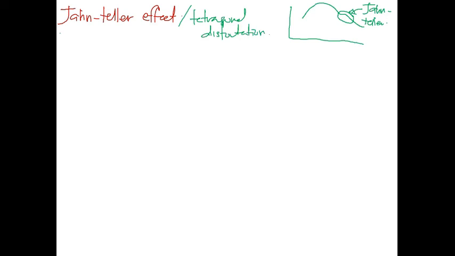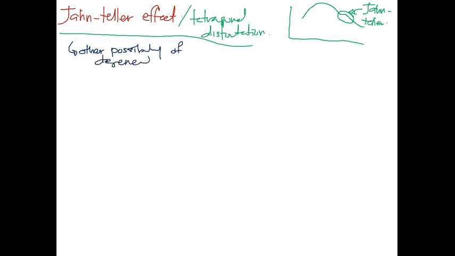So what happens is, the Jahn-Teller effect is where you have other possibilities of degeneracies. When your complex has other possibilities to be degenerate, then you can observe the Jahn-Teller effect.